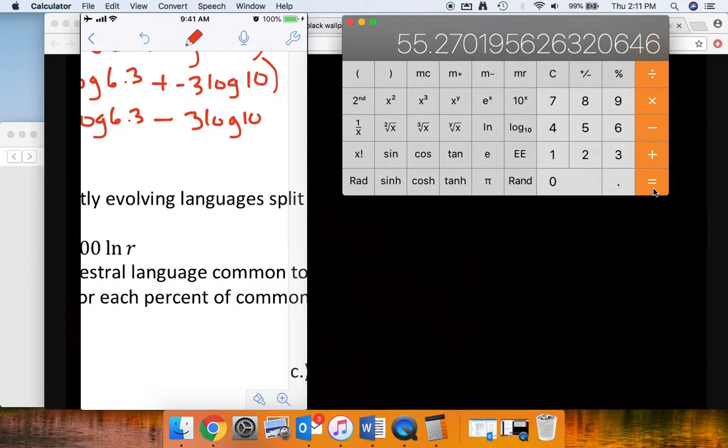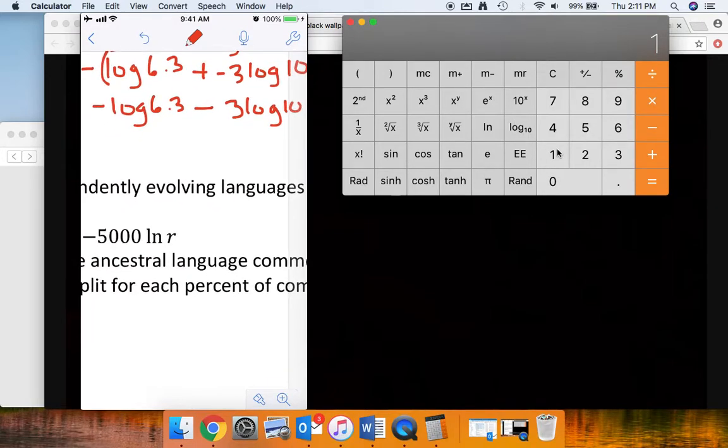Well, wait. Log base 10 of 10, let's just double check ourselves here. Yes, if you have the same, it's 1. So, minus log of 6.3 minus 3, because this whole thing is 1. So check that out. Using my rules, I made my life a little easier.